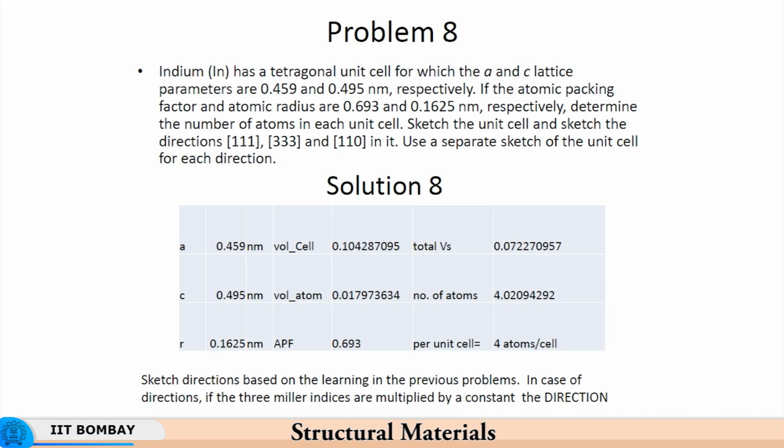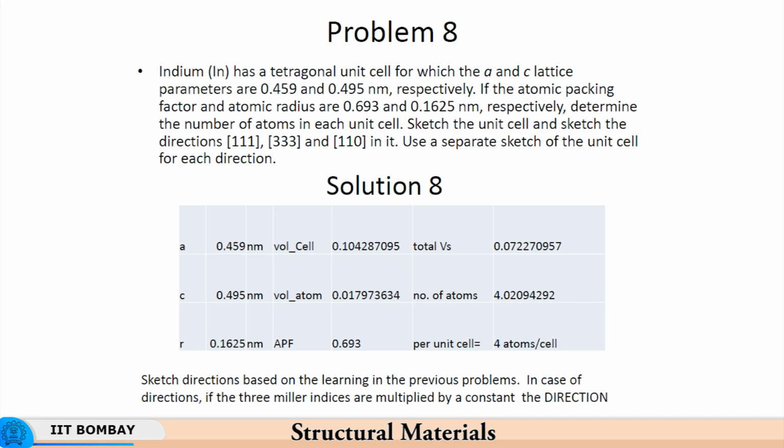Now, we have the number of atoms present here. This has a tetragonal lattice, and therefore we need to find out how many atoms are present per unit cell. It has an atomic packing factor of 0.693.